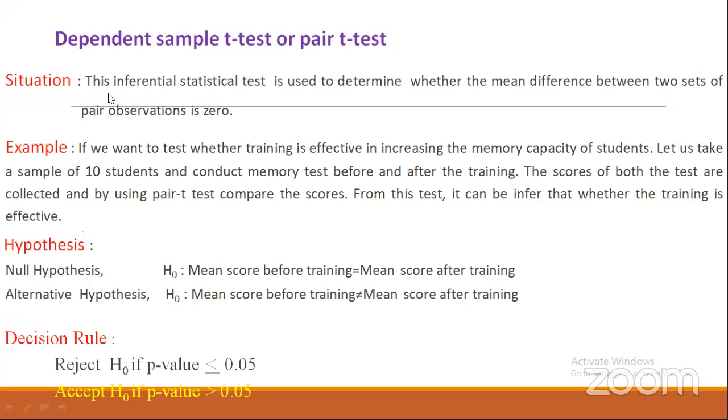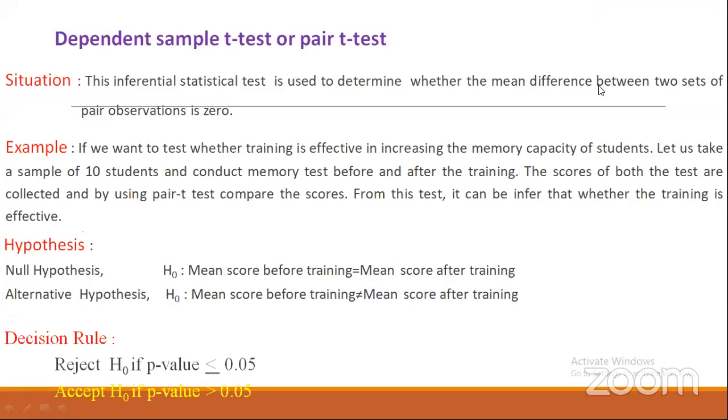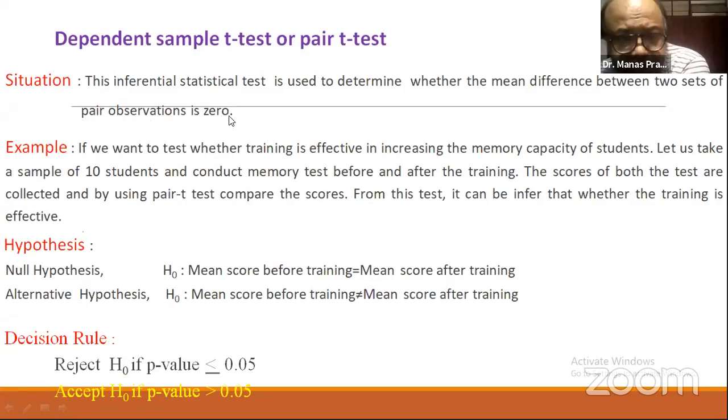Okay, this inferential statistical test is used to determine whether the mean difference between two sets of paired observations is zero. That means the mean difference is zero, meaning there is no difference; both are equal.